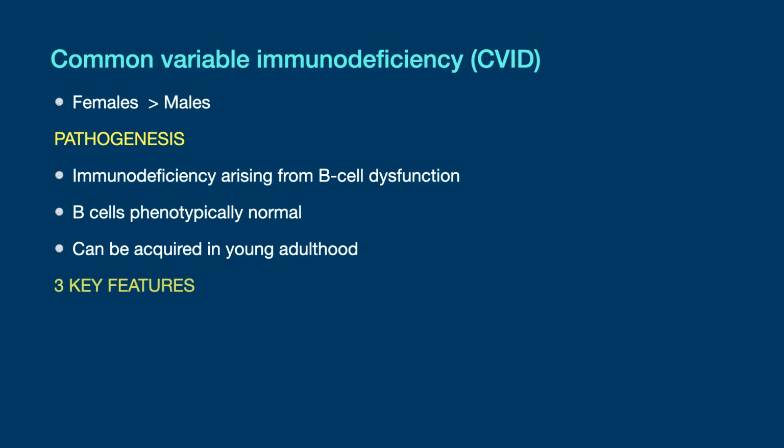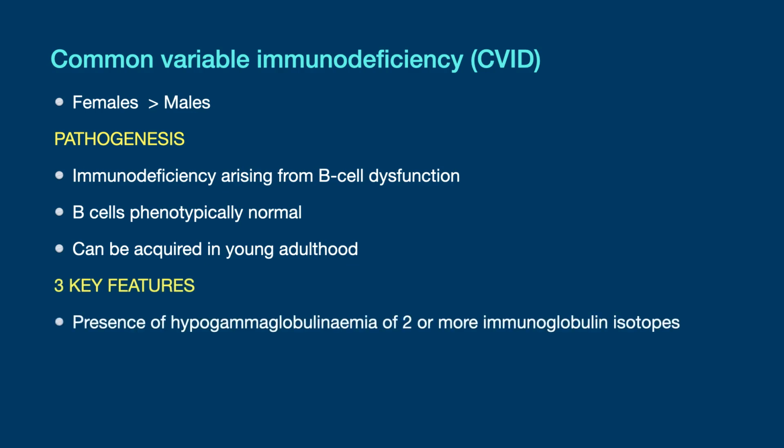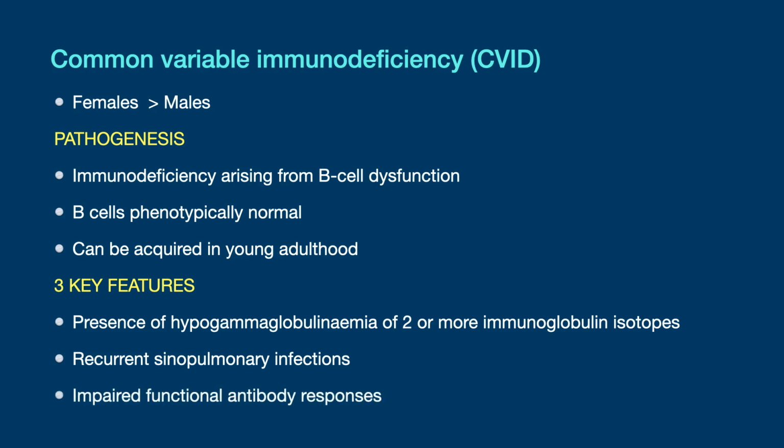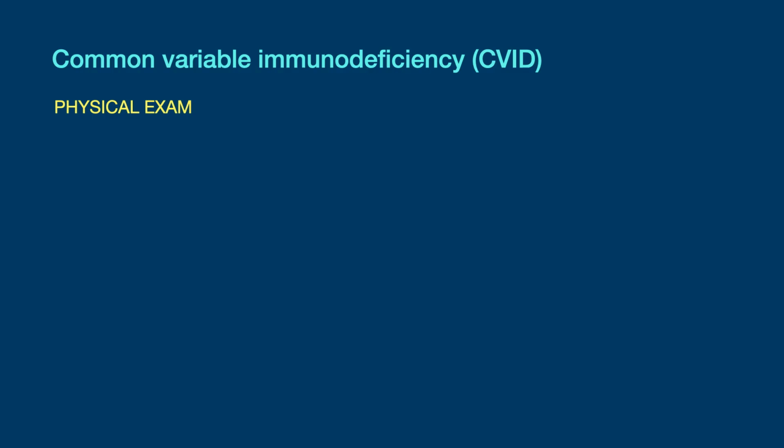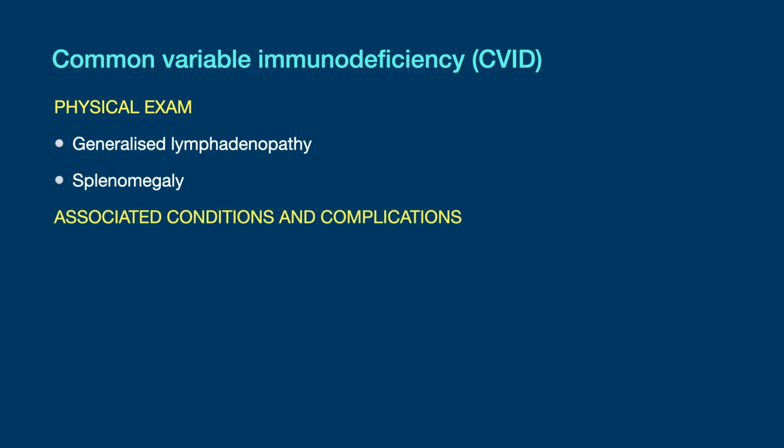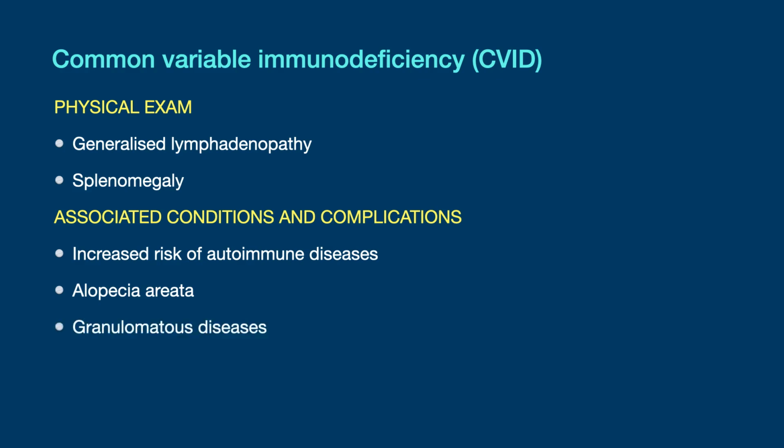There are three key features to be remembered, which are the presence of hypogammaglobulinemia of 2 or more immunoglobulin isotypes, recurrent sinopulmonary infections, and impaired functional antibody responses. In physical exam, you'll appreciate generalized lymphadenopathy and splenomegaly, and this condition is associated with increased risk of autoimmune diseases, alopecia areata, and granulomatous diseases.